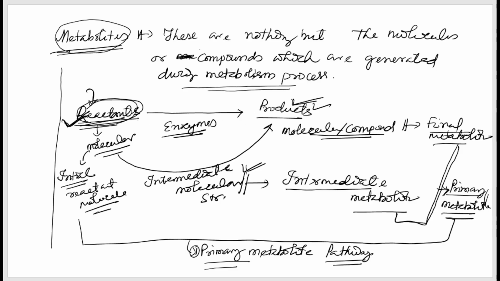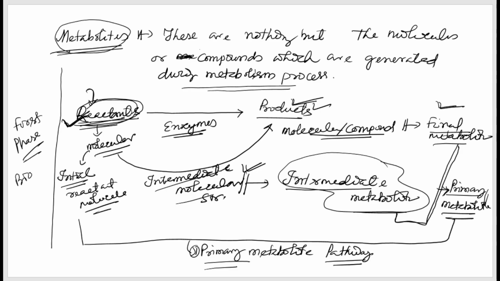During their conversion in the first phase, they also generate different intermediates. So these intermediate metabolites and the final metabolites synthesized in the first phase of biochemical reactions, or pathways, are sequential reactions happening in a controlled way.